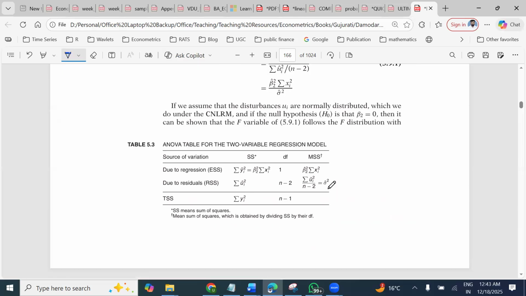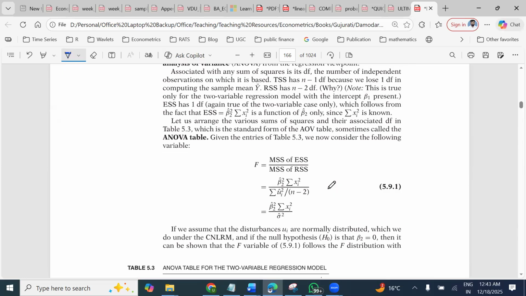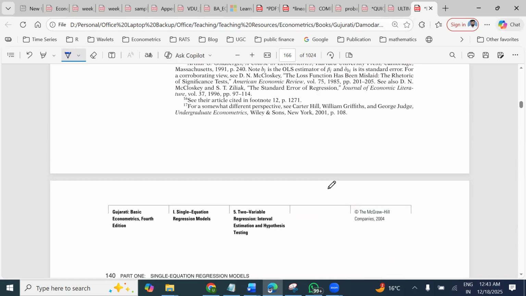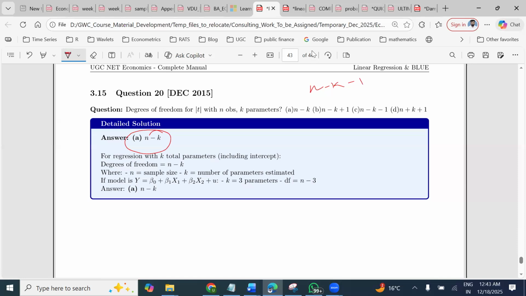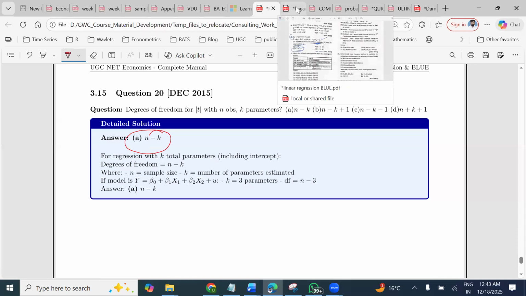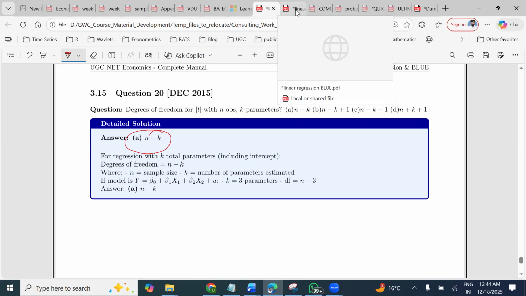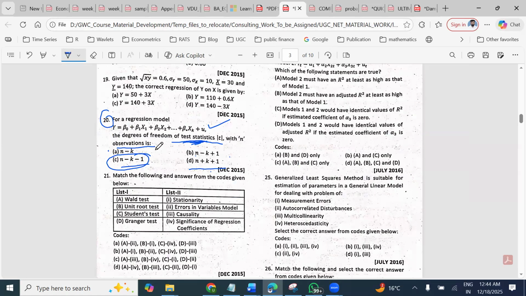N minus k plus 1, what is it saying? Because degrees of freedom, we will not go into that. Usually, I think you have to read the question carefully, because it is saying for a regression model, the degrees of freedom of a test statistic with n observations.